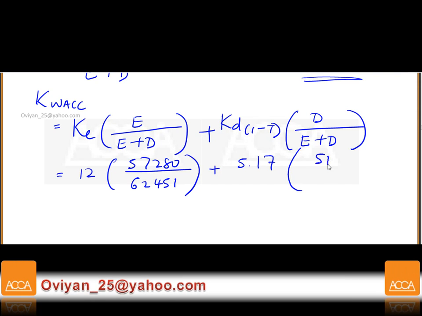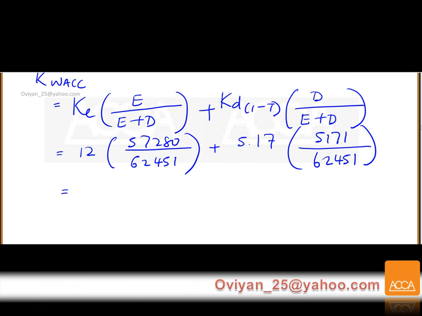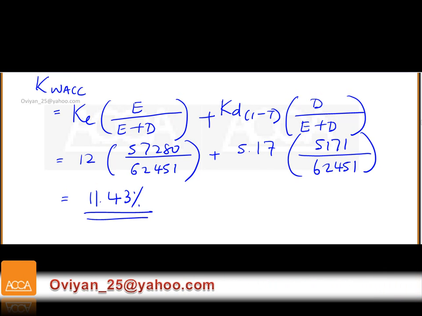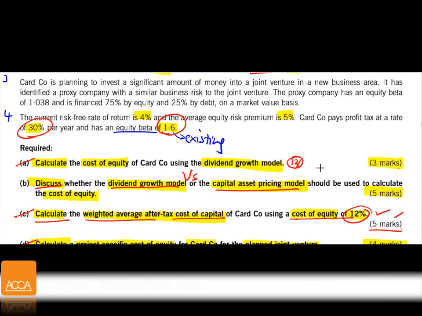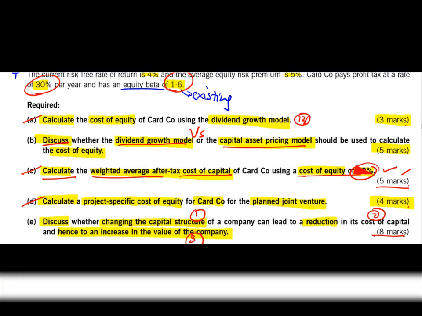So you're going to get 5171 divided by 62451, plus, you're going to get something like 11.43%. So this is how we do this part of the question, which relates to WACC. And we just earn ourselves hard-earned 5 marks.